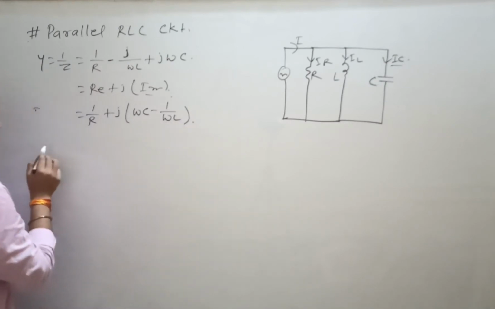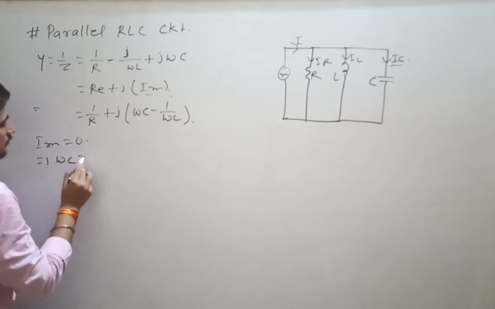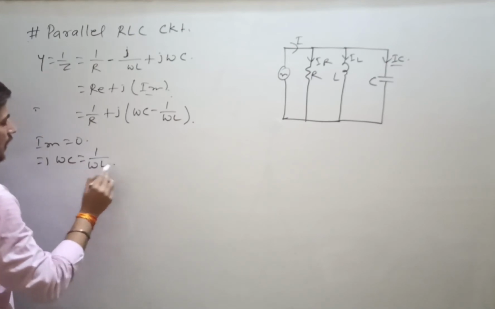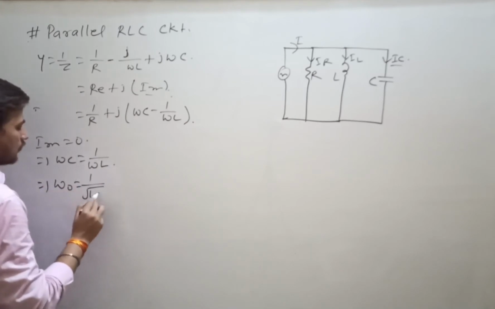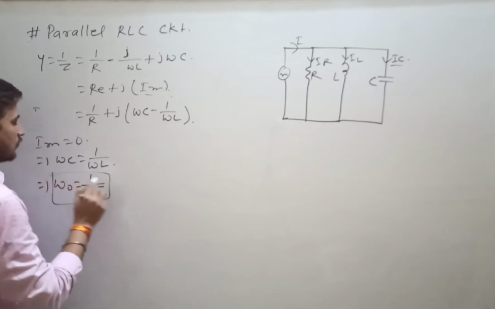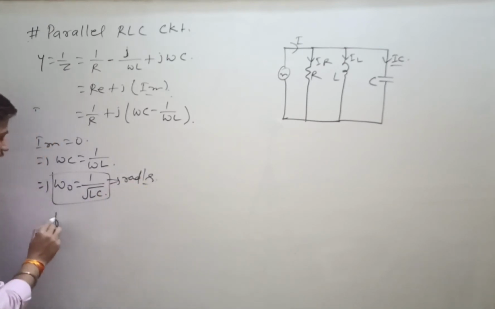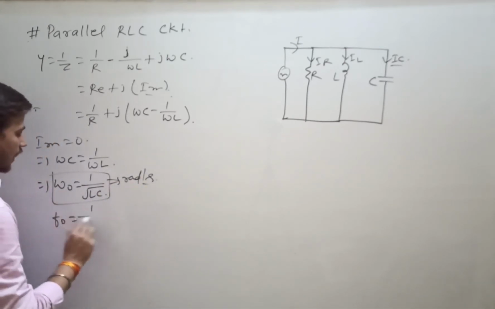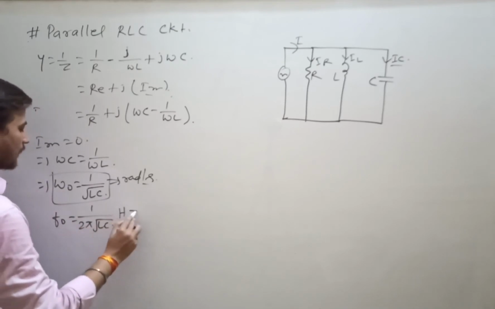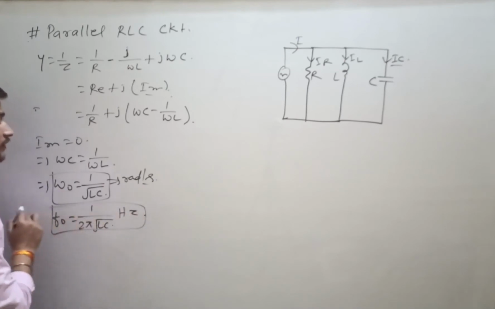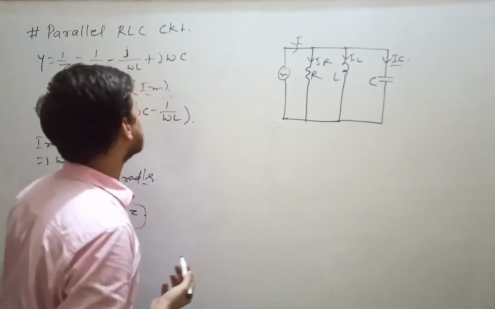If you make the imaginary part equal to 0, you get omega C equal to 1 upon omega L. From here omega naught is equal to 1 upon under root LC. This is the resonant frequency in radian per second. If somebody asks you in hertz, then you write 1 upon 2 pi under root LC in hertz. You get the same resonant frequency as in the series RLC circuit.